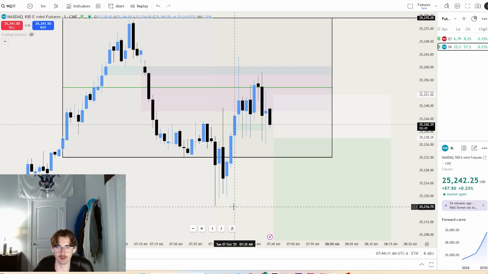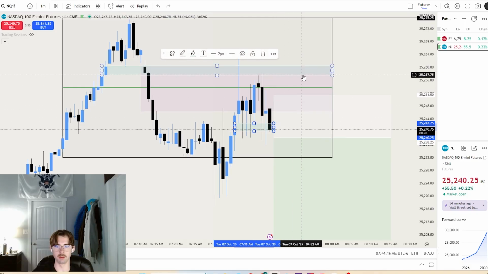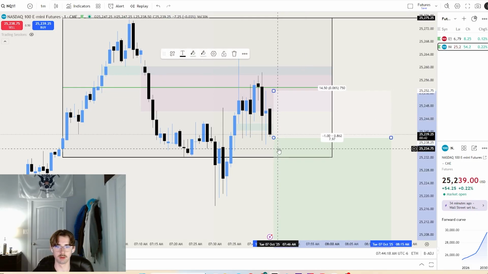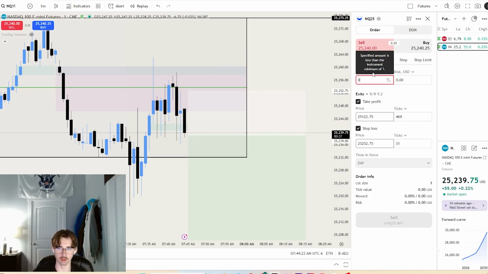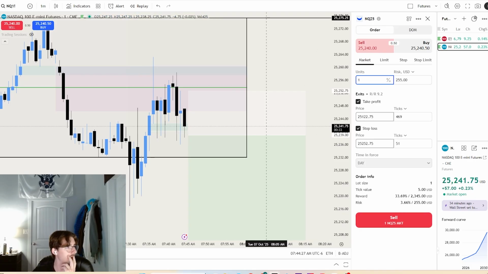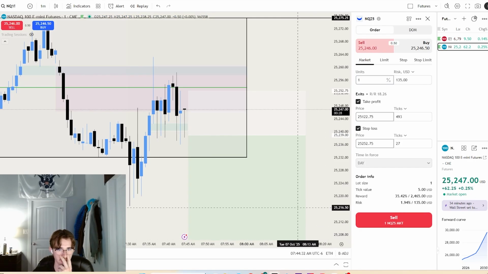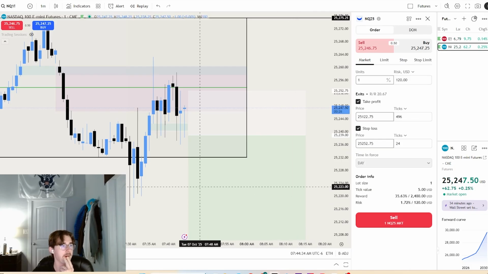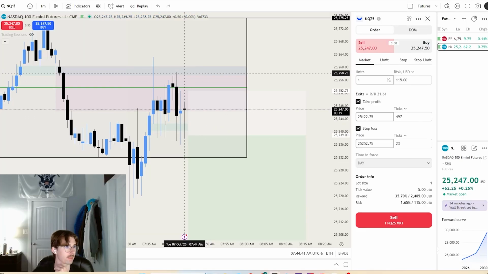This is a 5-minute setup. If it presents itself, it's just the risk might be a little bit too much for me. That's kind of where my thought process is at right now. Not that this is a bad setup by any means.